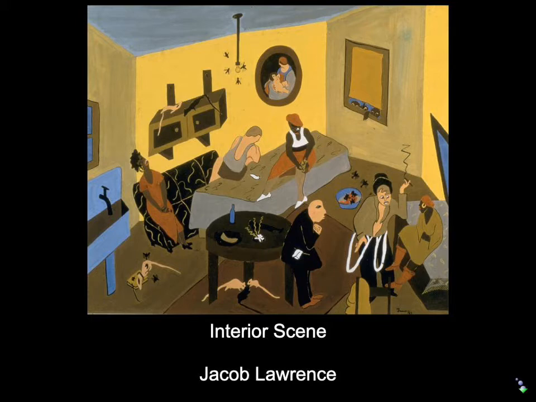So Lawrence is interesting in terms of subject matter, content. He's very much exploring black experience. He's exploring the ghetto neighborhoods, often the poverty. And in fact, here in Interior Scene, you see him depicting for us the interior of a tenement neighborhood apartment. And there are some not so happy things going on in there.